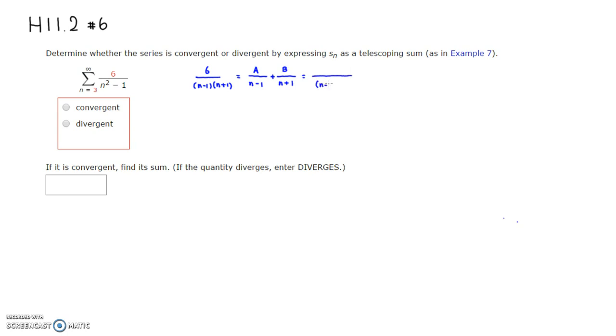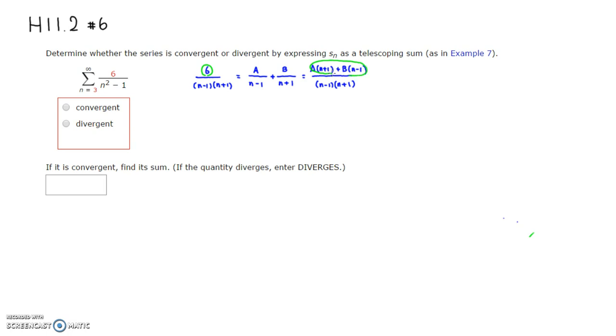So n minus 1 times n plus 1. Then we would have to multiply A by n plus 1 and multiply B by n minus 1. Since the denominators already match, we have to match the numerators.